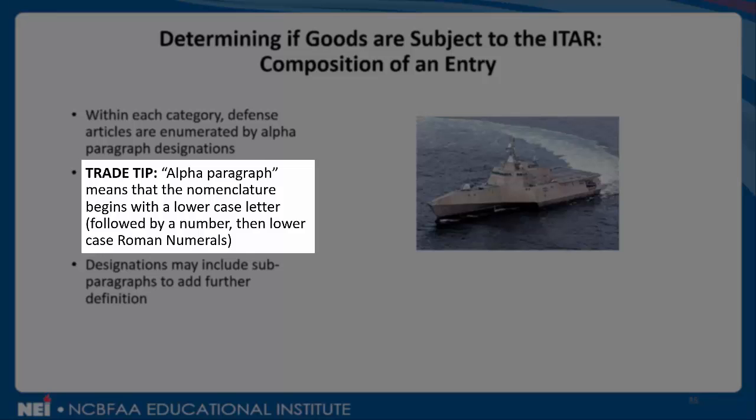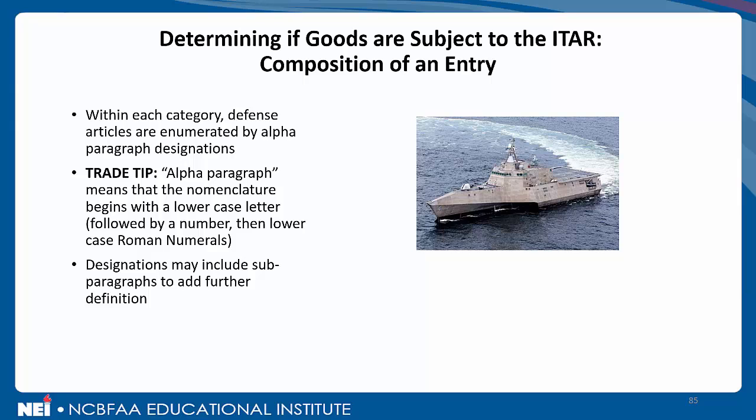Then, if necessary for even further detail, lowercase Roman numerals. We'll see some Roman numeral examples in just one moment. Our designations, as we point out in the last bullet point, may also include subparagraphs to add further definition. The whole idea is to be as specific as possible, make a determination that an article is covered by the USML, get into the right category, and then the specific details on a given article within each category.